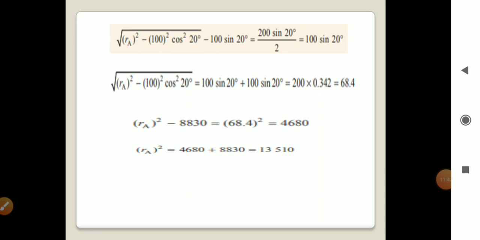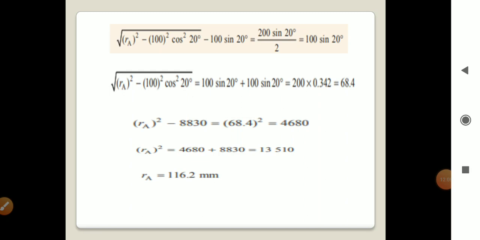So we directly got RA square is equal to 4680 plus 8830, which is 13510. That is RA square. So take the square root.